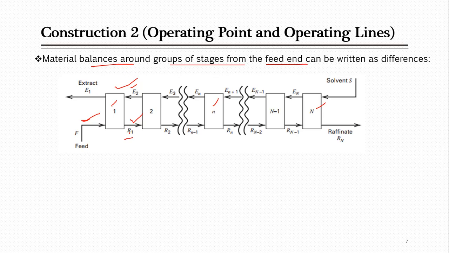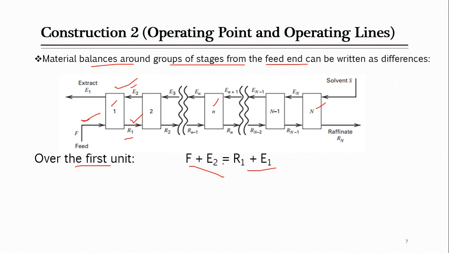If you write the material balance, input is equal to output, and simply on the first stage it will be F plus E2 equals R1 plus E1, because F plus E2 are entering and R1 and E1 are leaving this system. Now we can rewrite it in some other way.